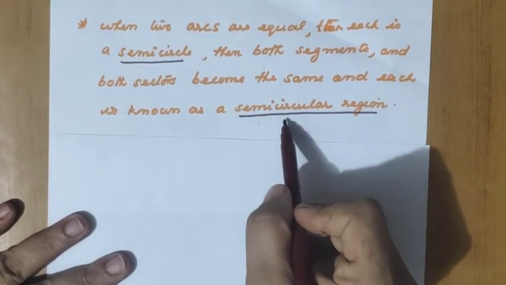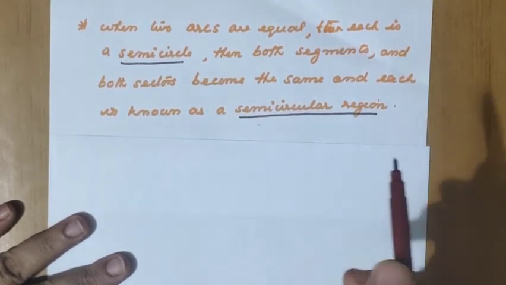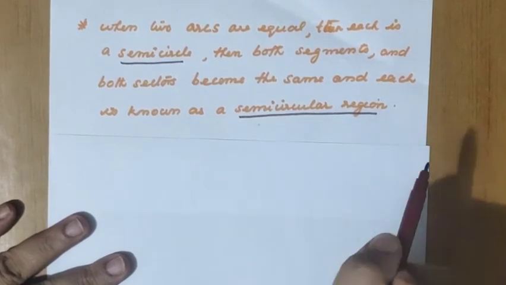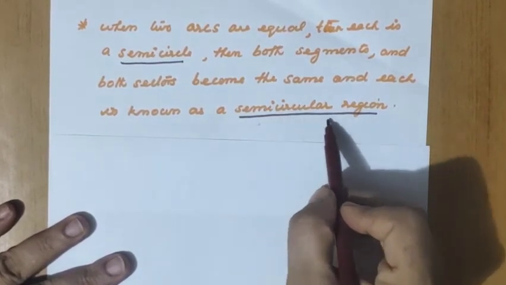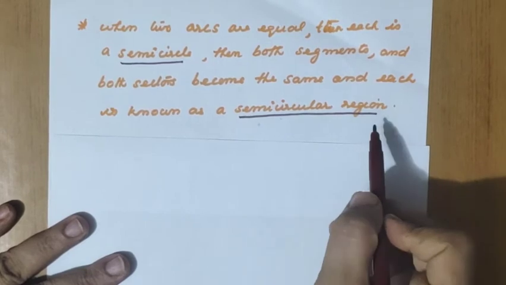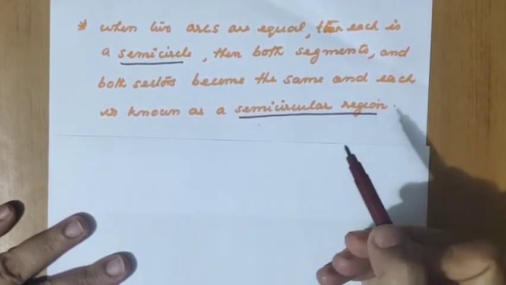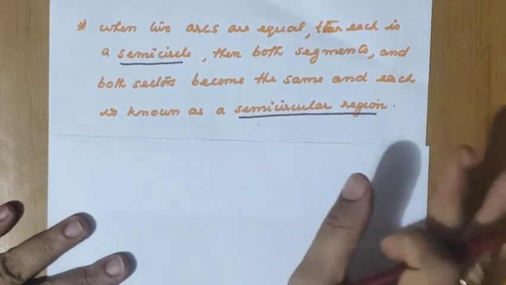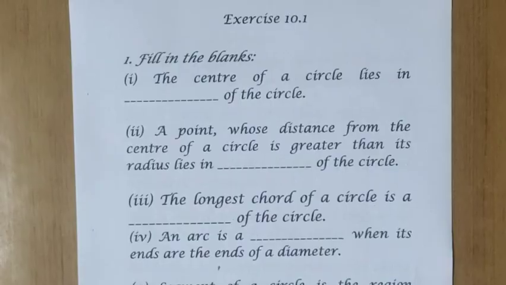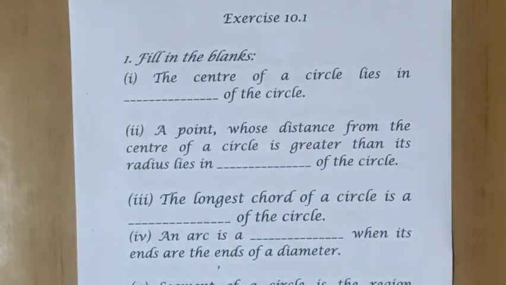But this time, a semicircle and its interior part is called a semicircular region. If that is the case, it should be a semicircle first, and both the sectors and both the segments will be equal. Okay, now we can do exercise 10.1.